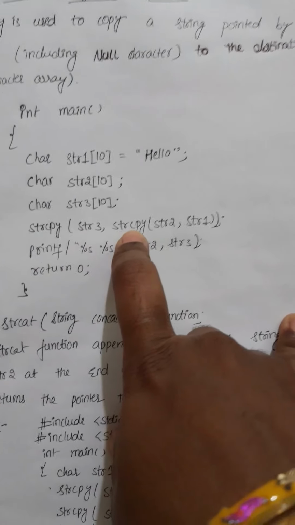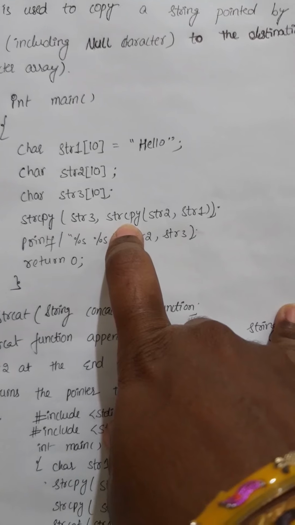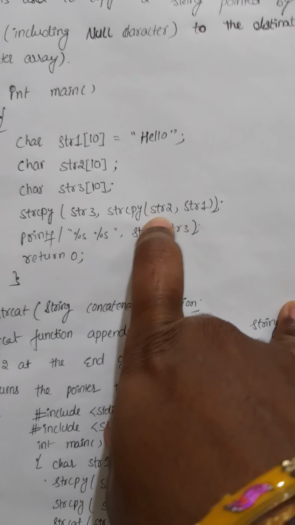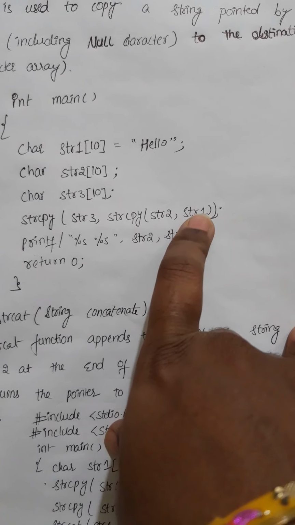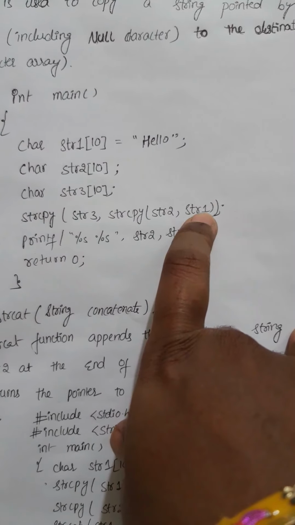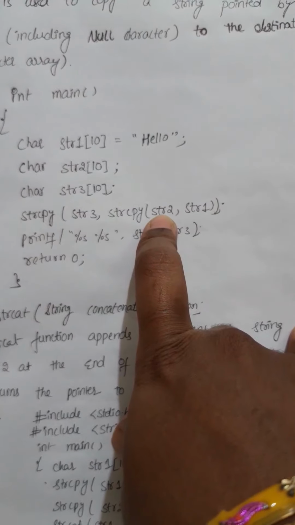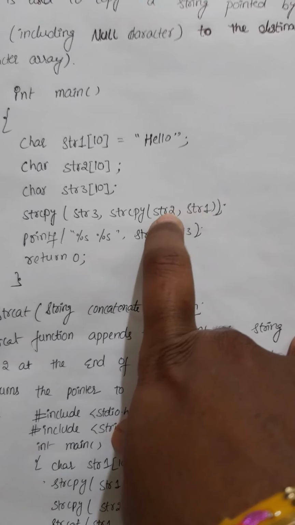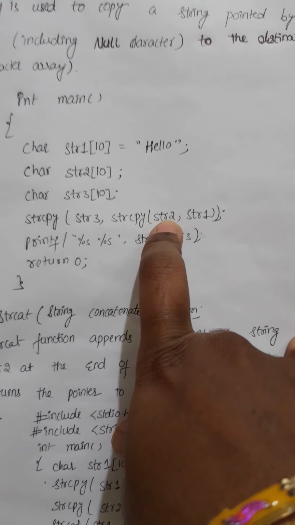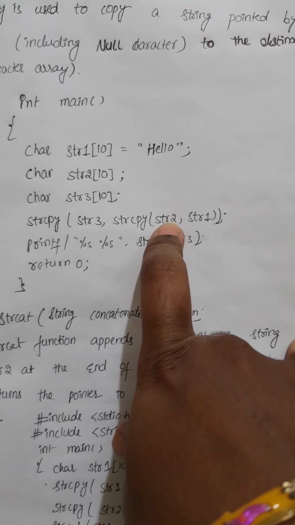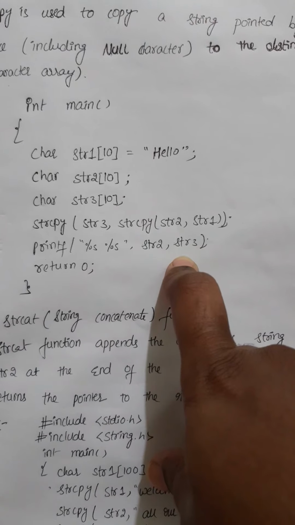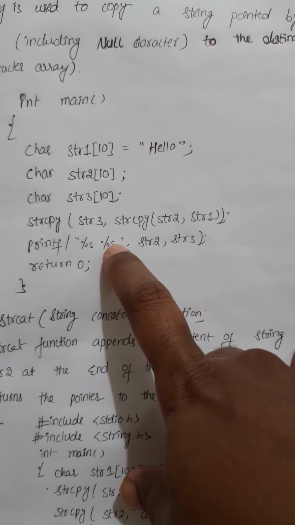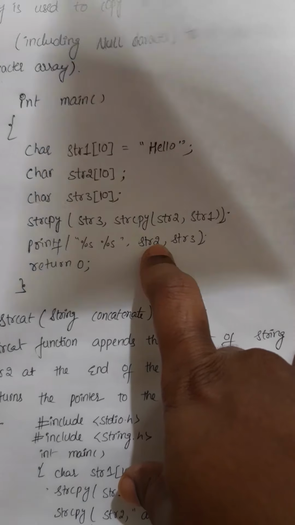Here what I have done is, I am taking the string copy function. I am going to copy str1 to str2. Then I am going to print string 2 and string 3.